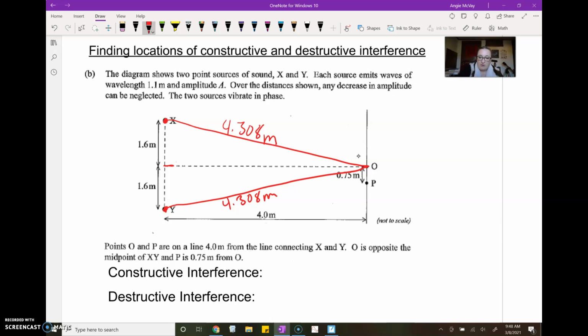So at point O, the path length difference was 0.